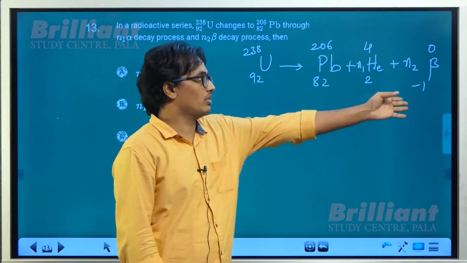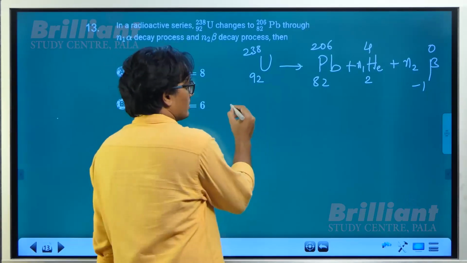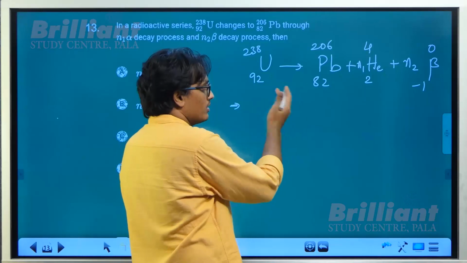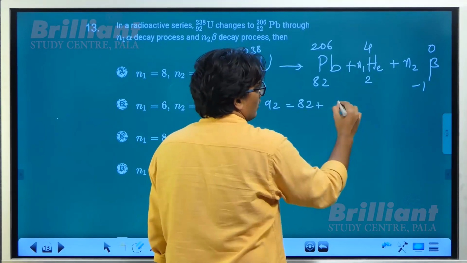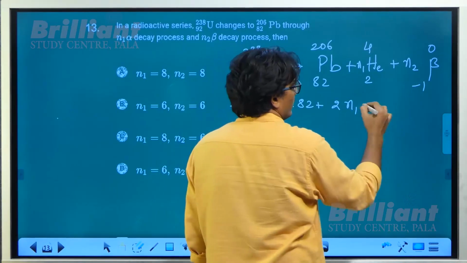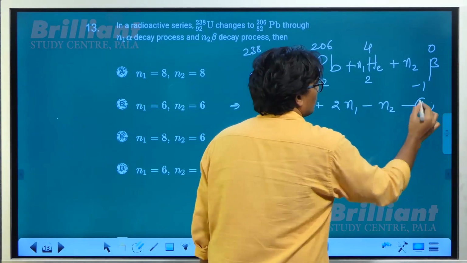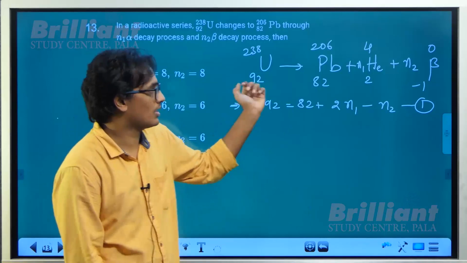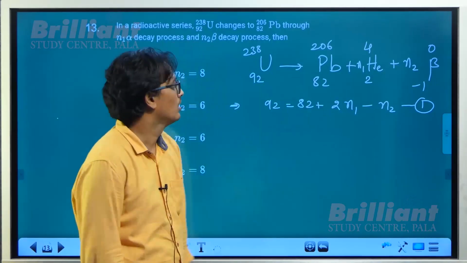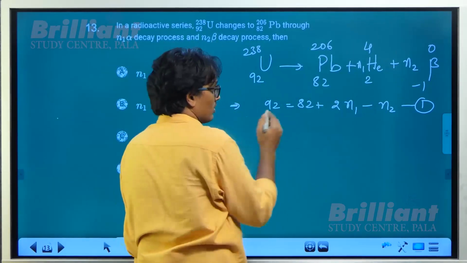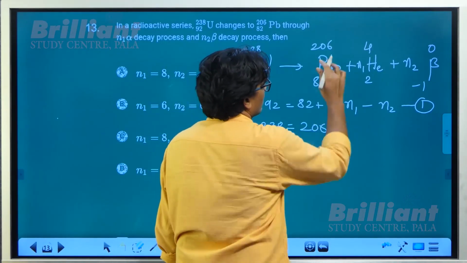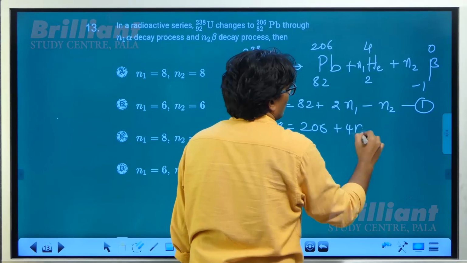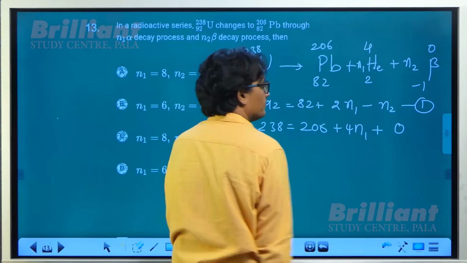So first, okay, balance the atomic numbers and get charge. First balance the charge. 92 must be equal to 82 plus 2 into N1 minus N2. This is balancing of charges. Next, balance the nucleons. 238 must be equal to 206 plus 4N1 plus 0.